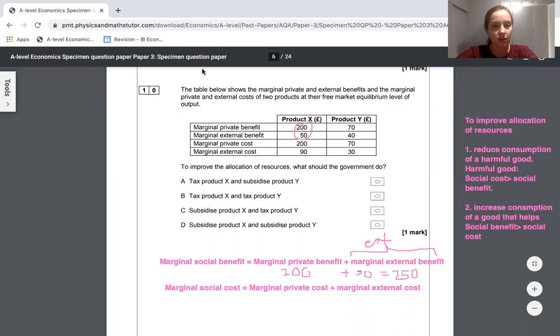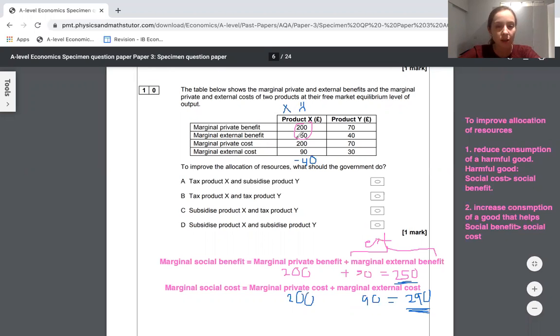Go through this again if you download the solutions. So the private costs are 200, the external costs are 90, giving you a total cost of 290. So this good X is actually quite harmful when we put an unhappy face. It's harming people at 290, but only benefiting them at 250. So overall, this is reducing welfare by 40. So it's quite a damaging good.